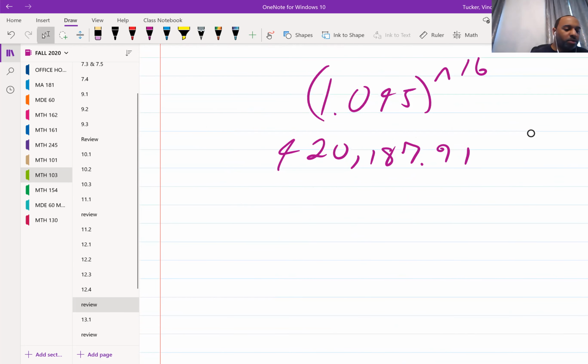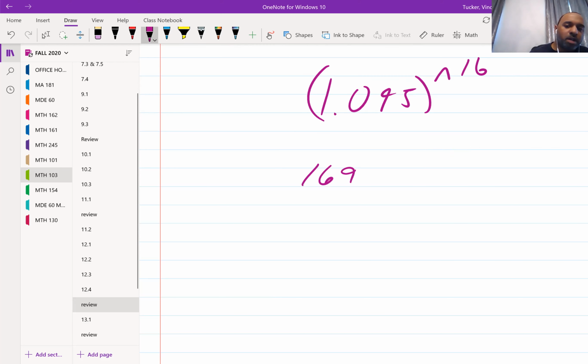So I got 0.045 plus 1, raised to the 16th power, times 8,400. All right, that looks better. 16,987.91. All right, let me try one more time just to make sure I got my number straight.